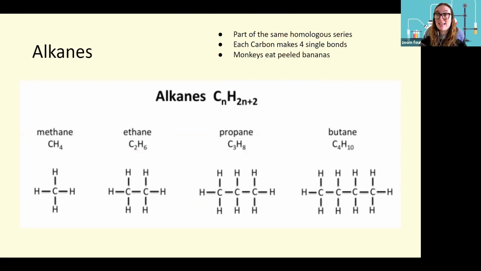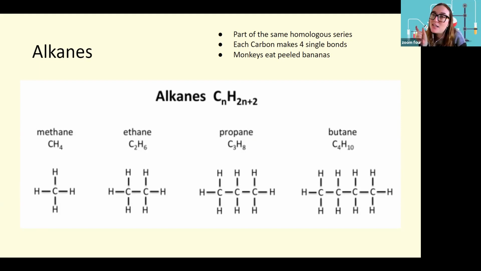So the 4 alkanes that you need to know are methane, ethane, propane, and butane. Now, what I want you to think of first of all is take the names of these different alkanes. I like to break them in half. So you've got the bit at the end, which is the ANE, and you've got the bit in the beginning, so meth or eth or prop.